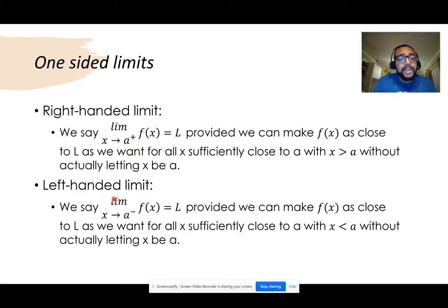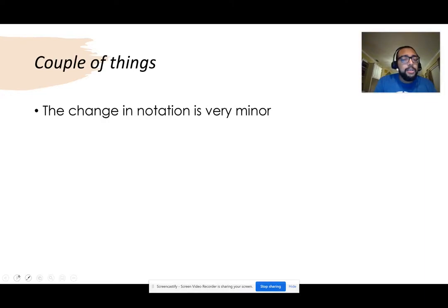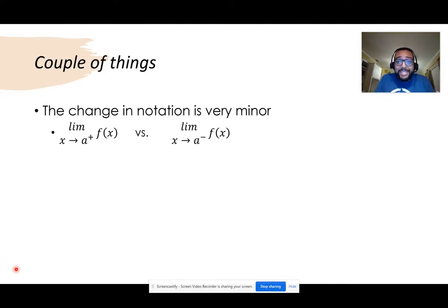Whenever we have the limit as x approaches a from the left-hand side, I'm only caring about one side of my limit. A couple things here. That change in notation is very minor. One of it is the right-hand side, a plus sign, and one of it is the left-hand side, a negative.